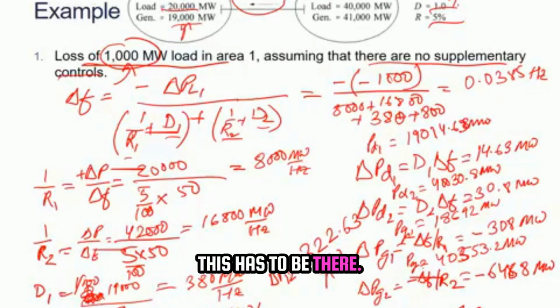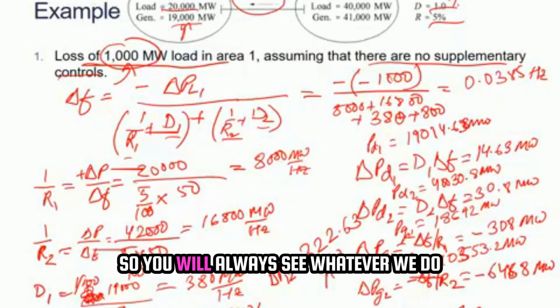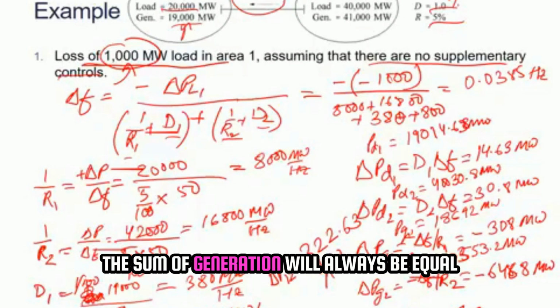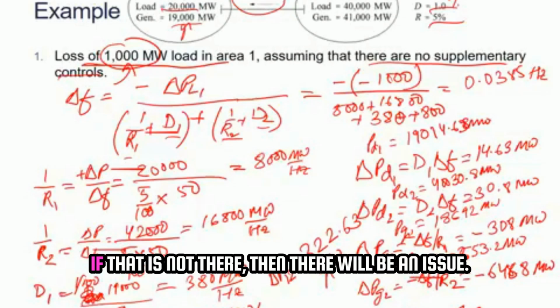This has to be there, then only will the balance be there. Whatever we do, even if the frequency is different, the sum of generation will always be equal to the sum of load. That has to be there. If that is not there, then there will be an issue.